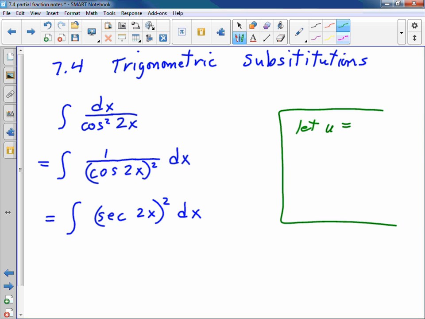But probably saying 2x is better, because we want to keep the secant part. Even though you feel like in your heart, oh, make the whole thing u. But that's not going to make your life easier. So then we can say du dx equals 2 and du equals 2 dx. Okay? So far so good? Young, is that okay? All right.